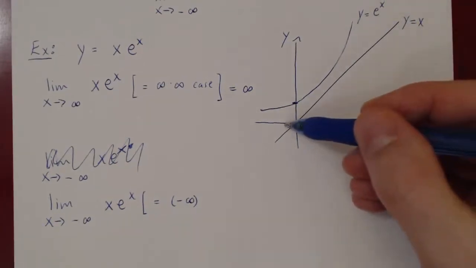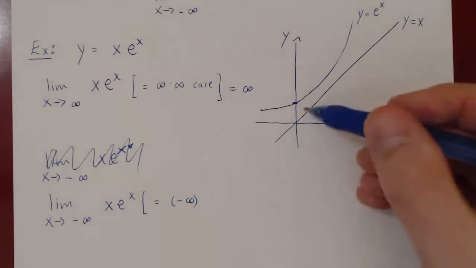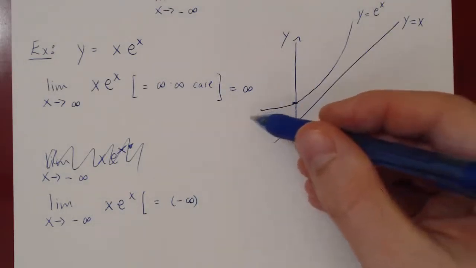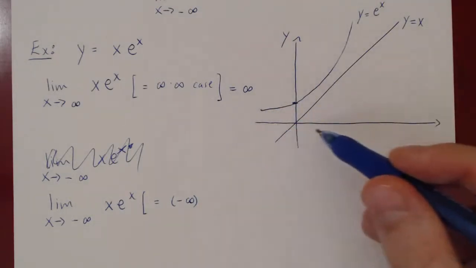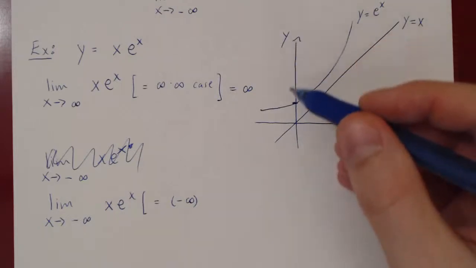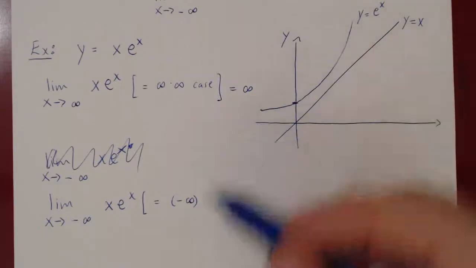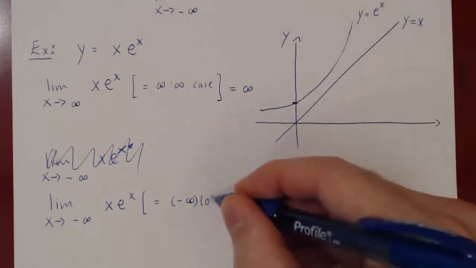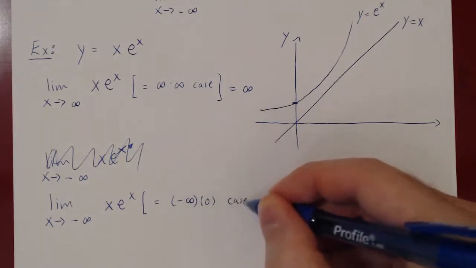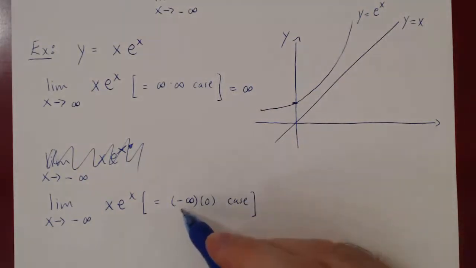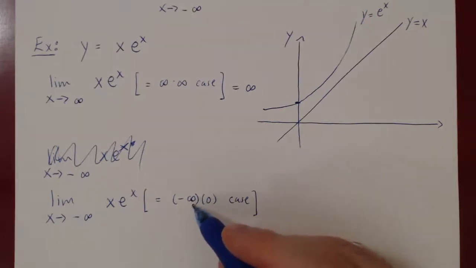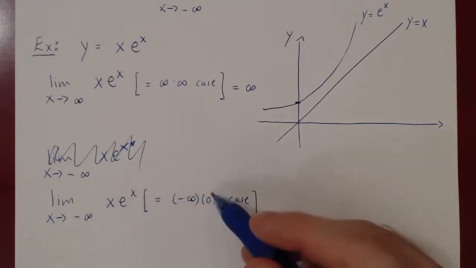As x goes to negative infinity, e to the x will actually approach the x-axis, which means that the y values will be approaching 0. This is an indeterminate case, and it is a non-trivial case because one of the two factors is getting bigger and bigger in absolute value. The other is shrinking to 0.